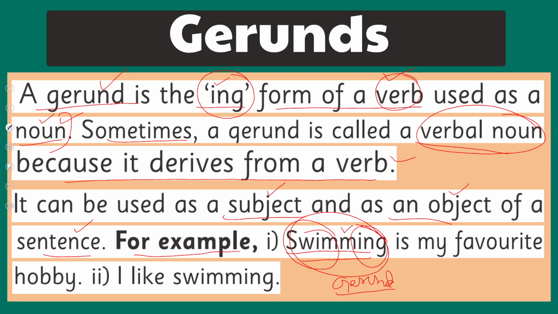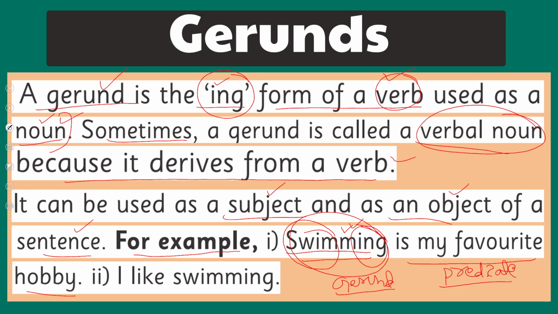So, swimming is my favorite hobby. Here we are talking about swimming and we are predicating something about our subject. So swimming is our subject, it's a noun, it's a gerund, and this part is the predicate, in which we are telling something about the subject.